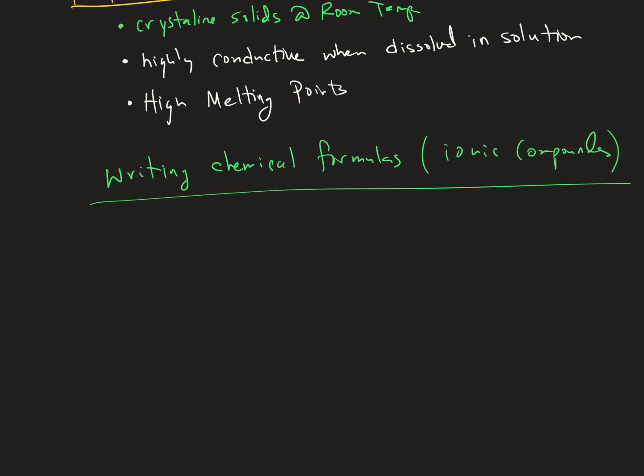Or I might say predicting chemical formulas, right? So if we have a compound with sodium in it and chlorine in it. We got sodium and chlorine.